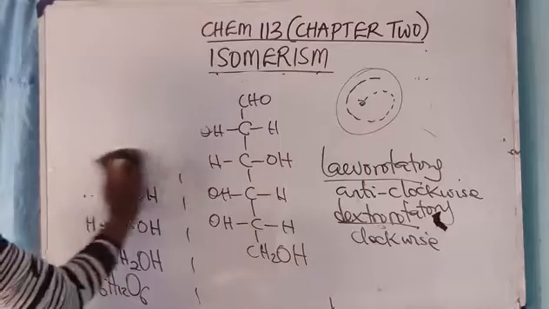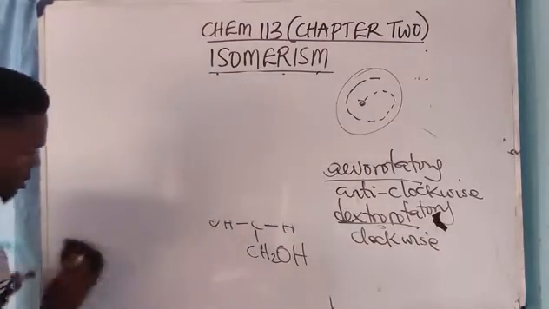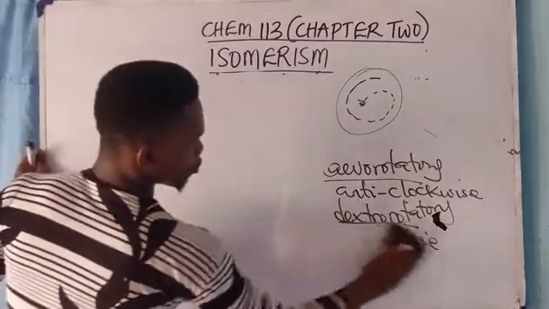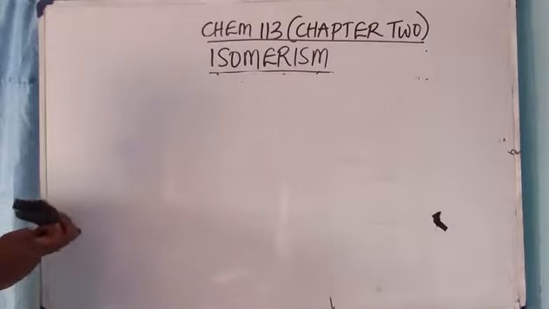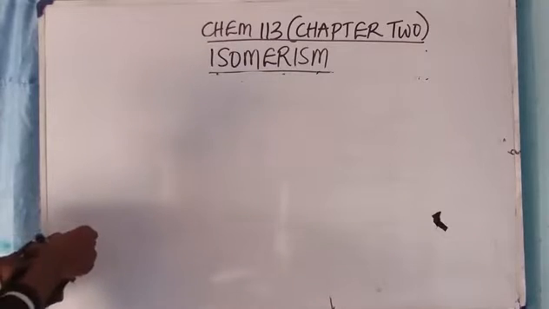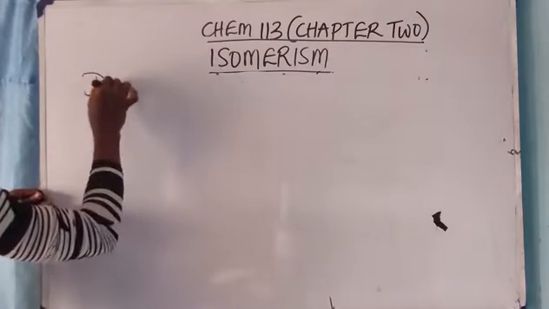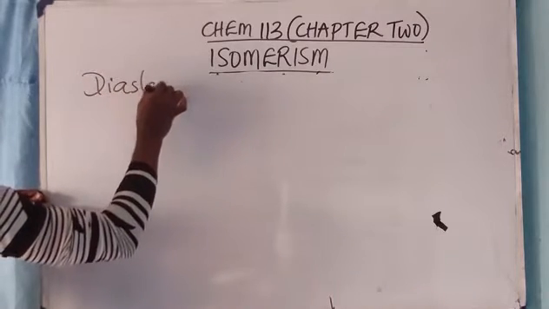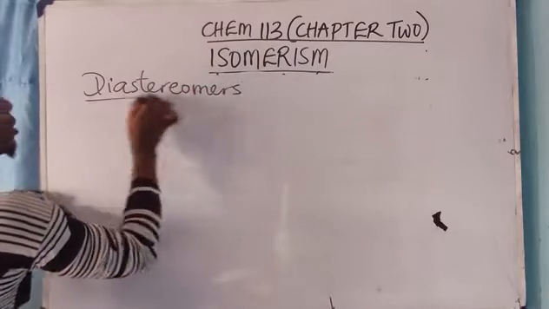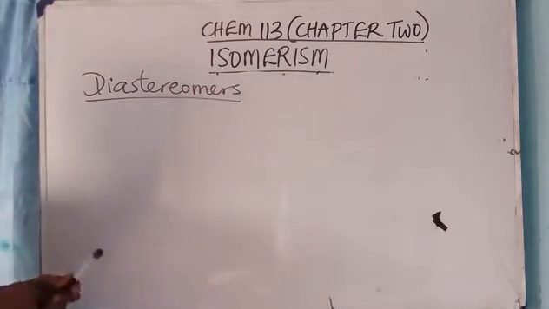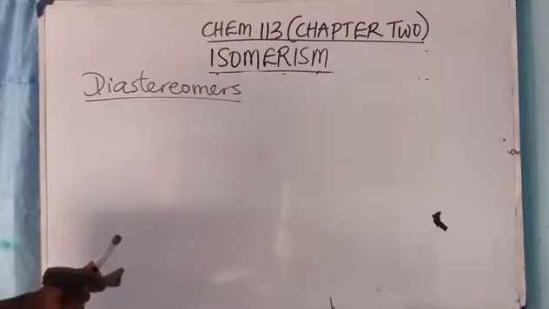So the next one, please let me say this. Compounds which do not form mirror images of each other are called diastereomers. Are called what? Diastereomers. They do not form mirror images of each other.